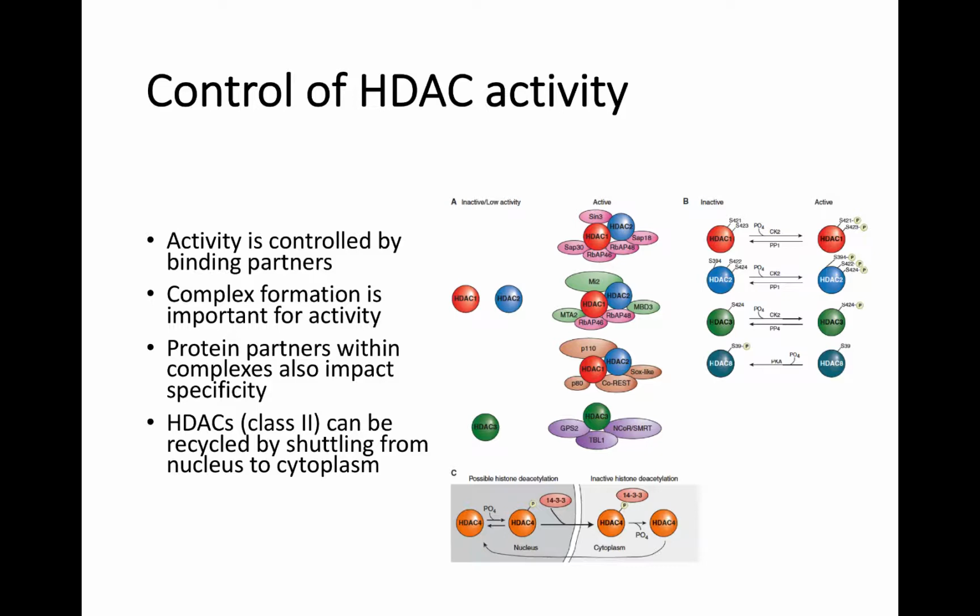HDAC1 and HDAC2 are also part of several different complexes. In addition, post-translational modification of the HDACs, such as biphosphorylation, is sometimes required for activity, as shown in Part B of the diagram. Lastly, some HDACs, especially those in Class 3, are shuttled between the cytoplasm and the nucleus, thus regulating their activity.